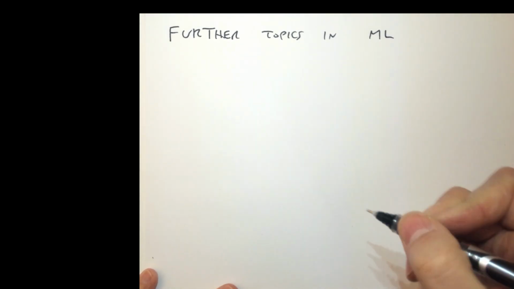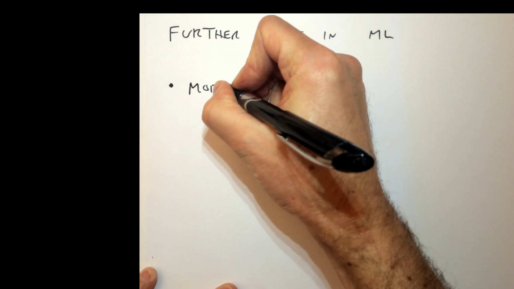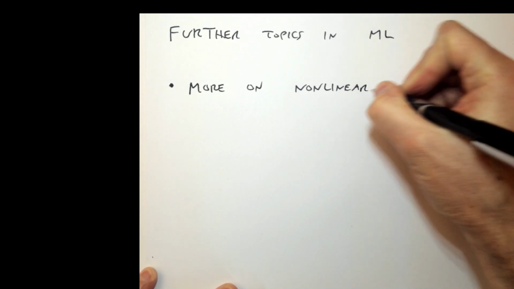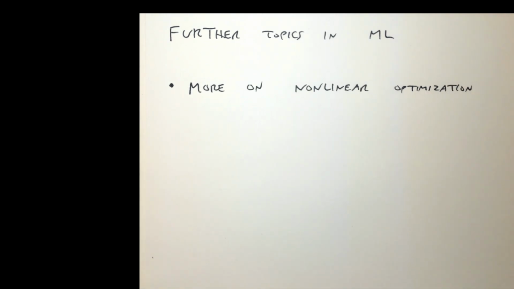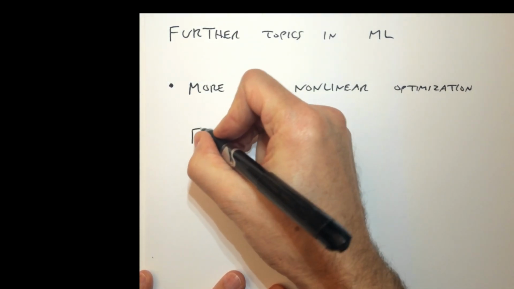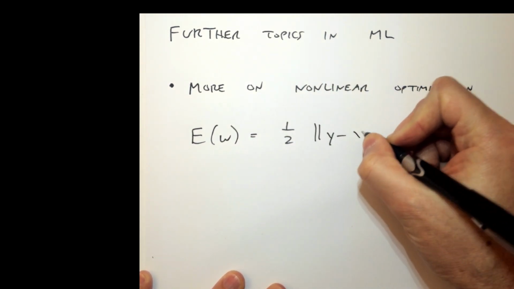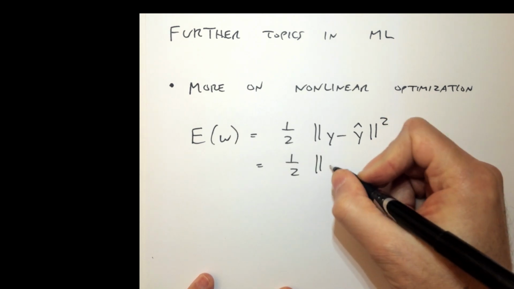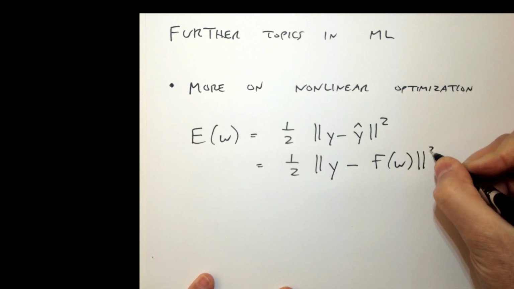So one thing is, in general, there is a lot more to say on how we actually do the optimization that is inside modern machine learning algorithms, right? Remember that the setup for most of what we talked about was some sort of a nonlinear cost function, where there's a ground truth y, and then we have a model based on some weights.